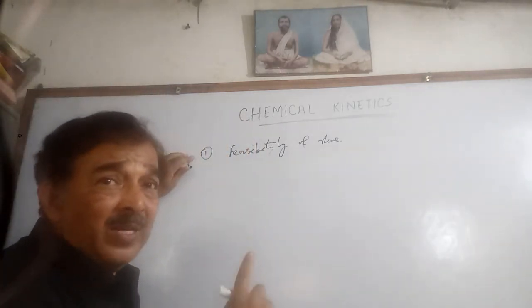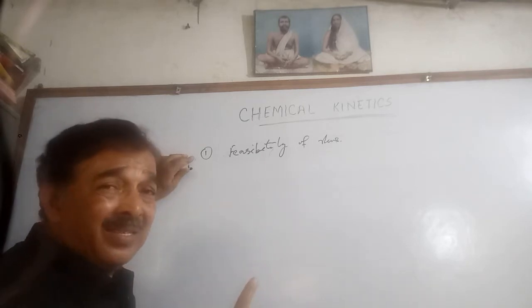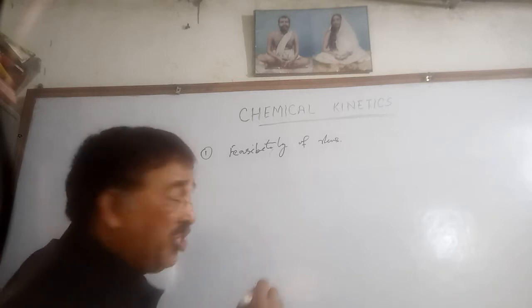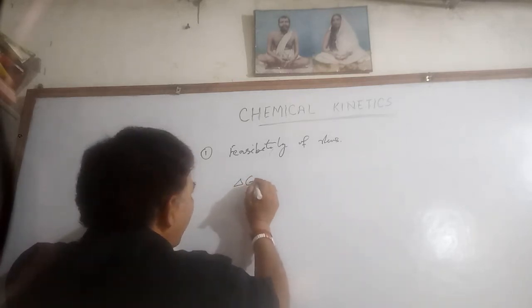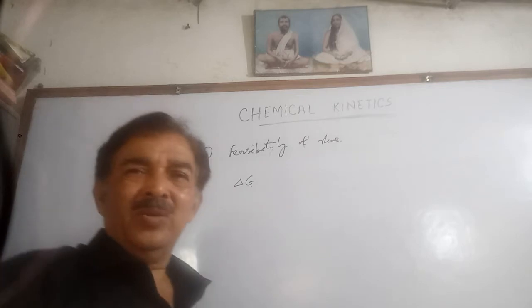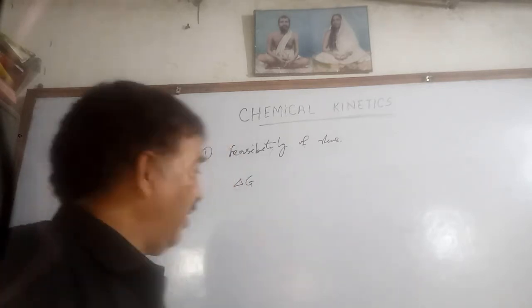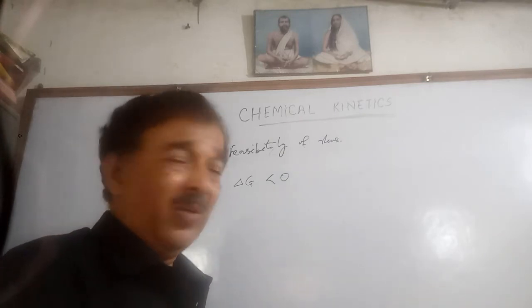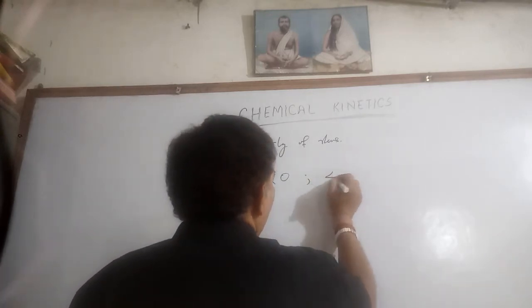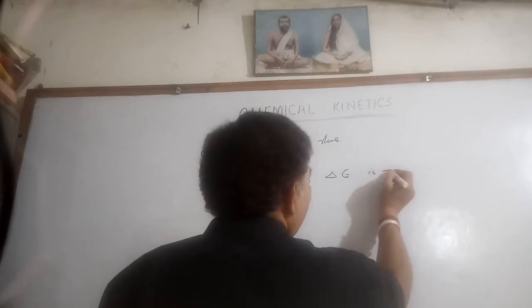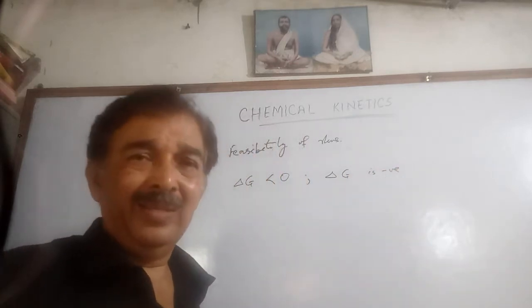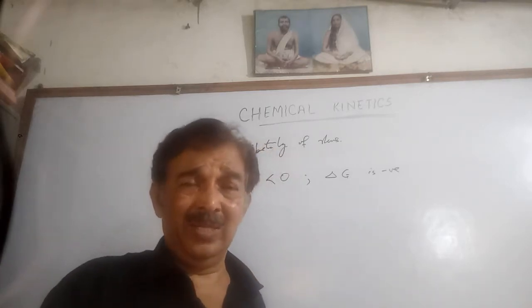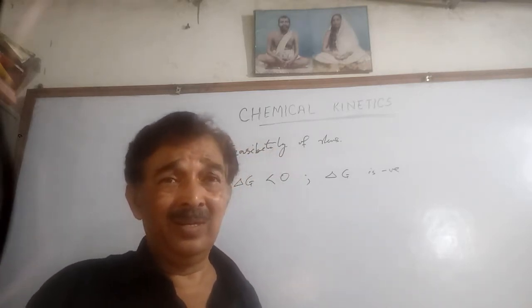It is measured by the magnitude of the Gibbs free energy change, that is, del G. For a particular reaction, if the value of del G is less than 0, that is, del G is negative, then the chemical reaction will take place under the prevailing reaction conditions.